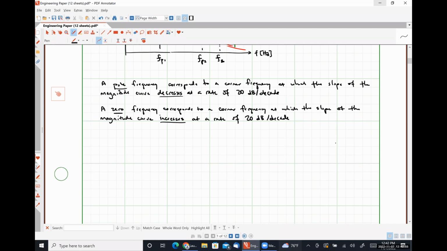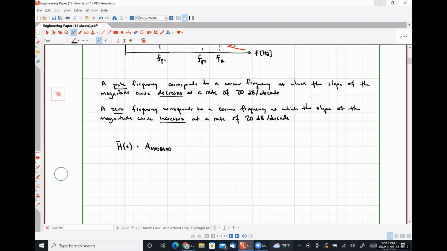So in general, the frequency response of our system as a function of S will be of the form A midband.